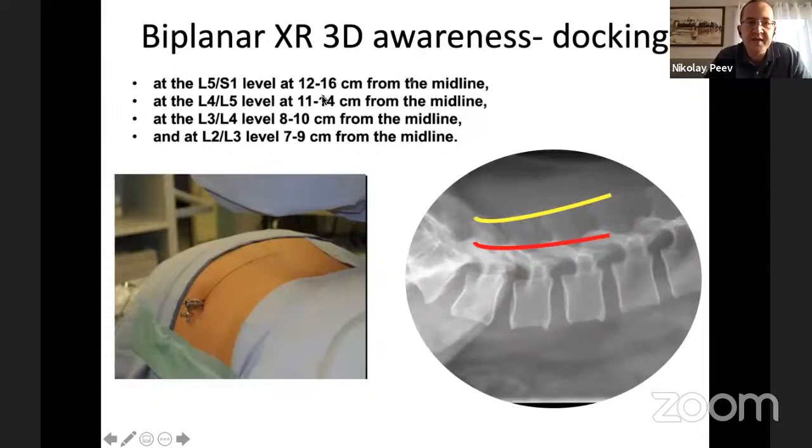You can see that this is demonstrated on this slide. You see that at L23, you start from 7 to 9 centimeters offset from the midline. And at L5S1, you can go as lateral as 16 centimeters. This is a good guidance when you're starting your endoscopic surgeries.